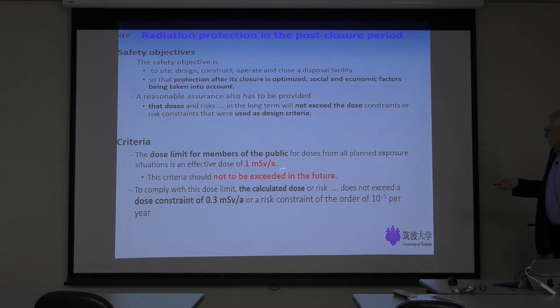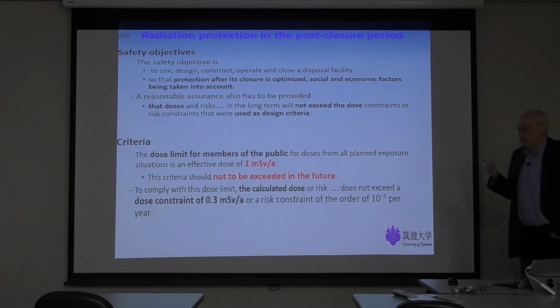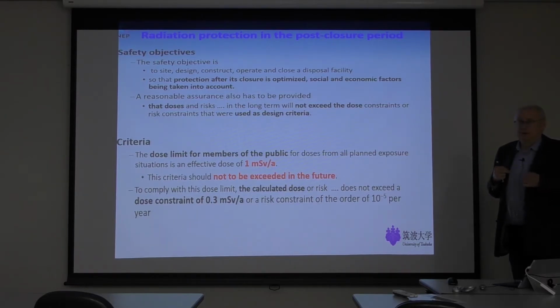This 1 millisievert per year is due to the exposure from all nuclear facilities in an area. It might well be that in an area there are 2 facilities or 3. But at the end of the day, each individual should not receive more than 1 millisievert per year.